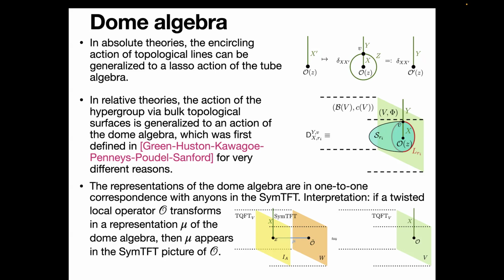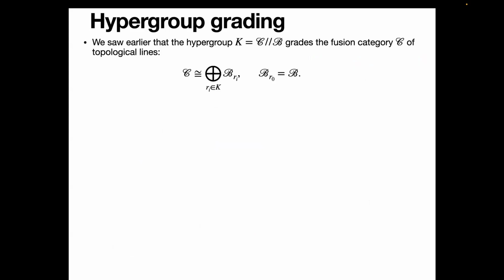Yeah. So my TQFT is this hypergroup symmetry enriched topological order. And the claim is that the reason it's a hypergroup symmetry enriched topological order is because the boundary admitted a hypergroup action. It's sort of like a generalization of the invertible ones. Yes. Yeah, great. Okay.